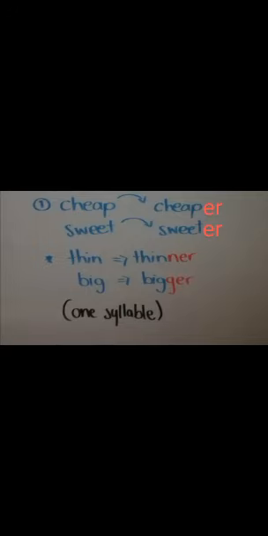If you have them in a normal way, they are like this. But when you change them into a comparative, what you have to add at the end is ER. For example, cheap, cheaper, sweet, sweeter. That's the only thing that you have to do, add ER, because it's a one-syllable adjective. An important thing that you have to understand here is that syllables in English are different than in Spanish.